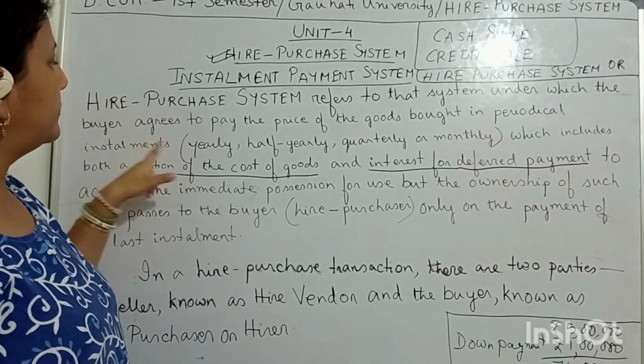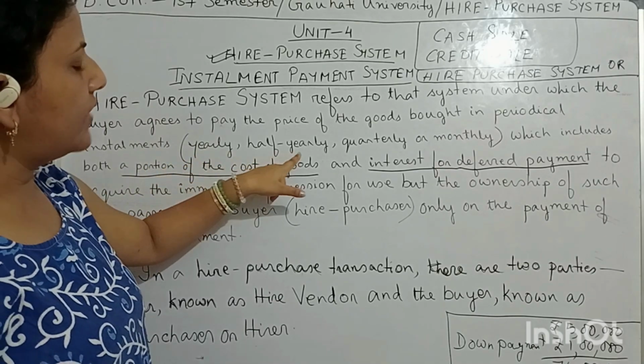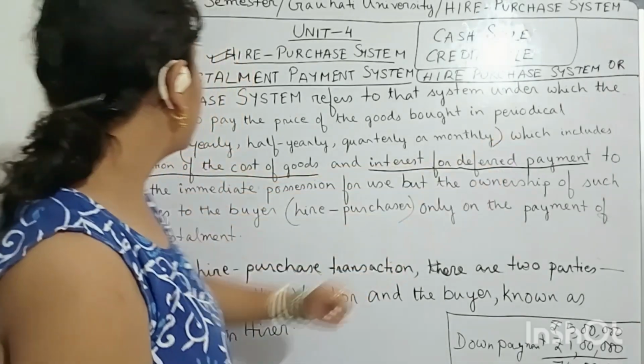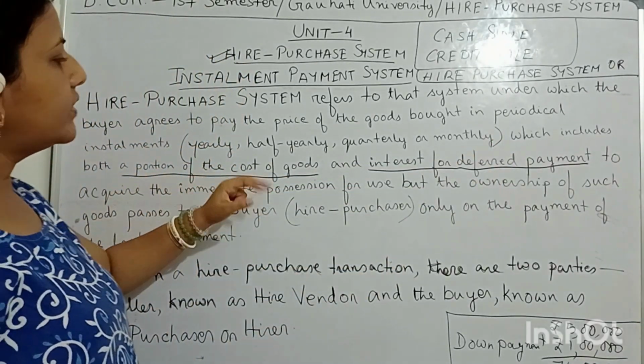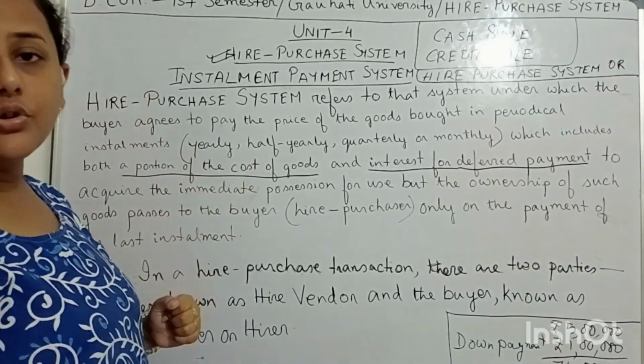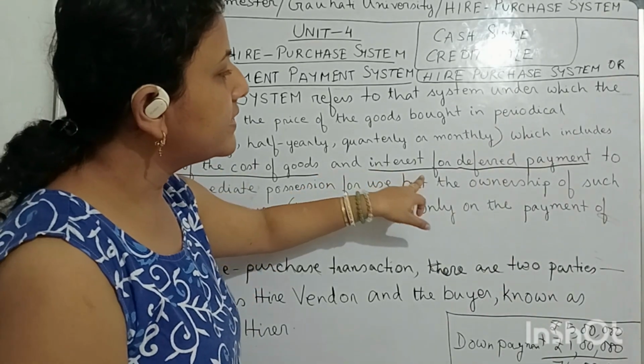It can be yearly, half yearly, quarterly or monthly, which includes both a portion of the cost of goods and interest for deferred payment.